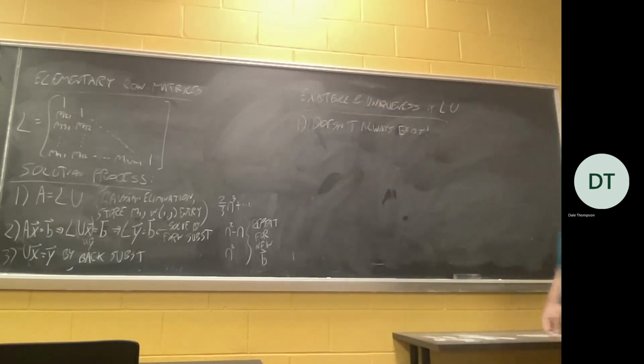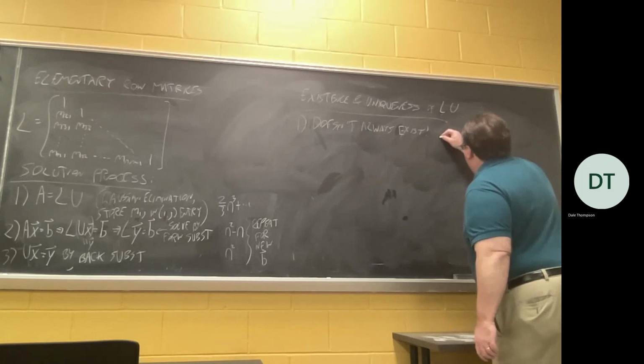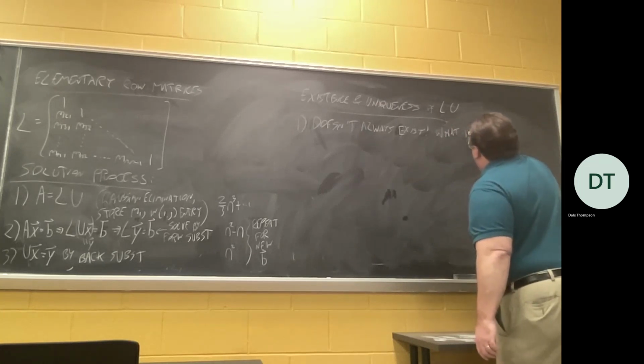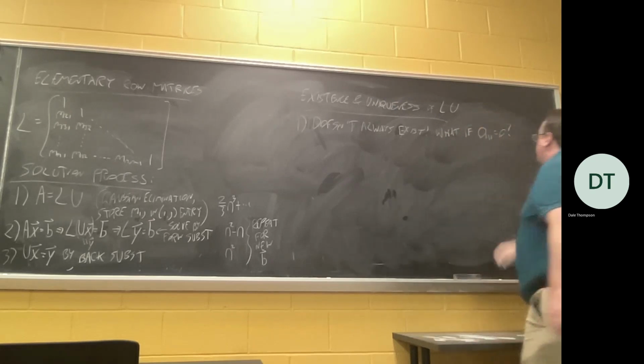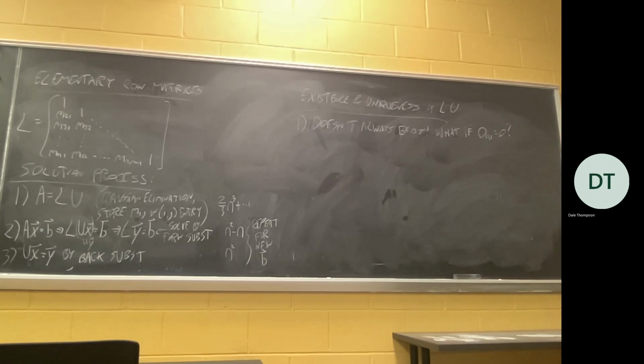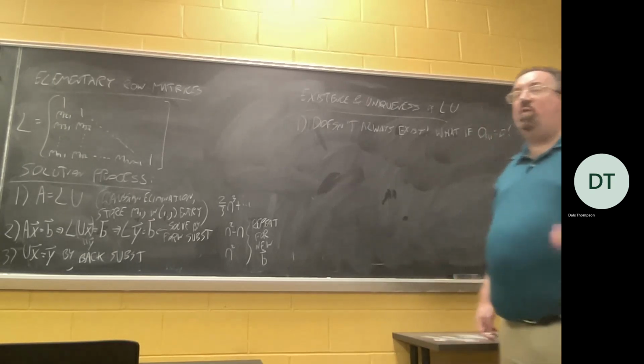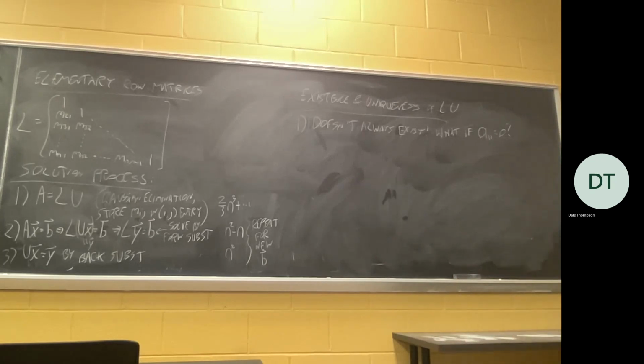And here's a simple example of a kind of matrix that does not have an LU decomposition. What if the 1,1 entry is equal to 0? Because when you're working on the first column, all of your multipliers, m_i1 is equal to a_i1 divided by a_11, which would be undefined.